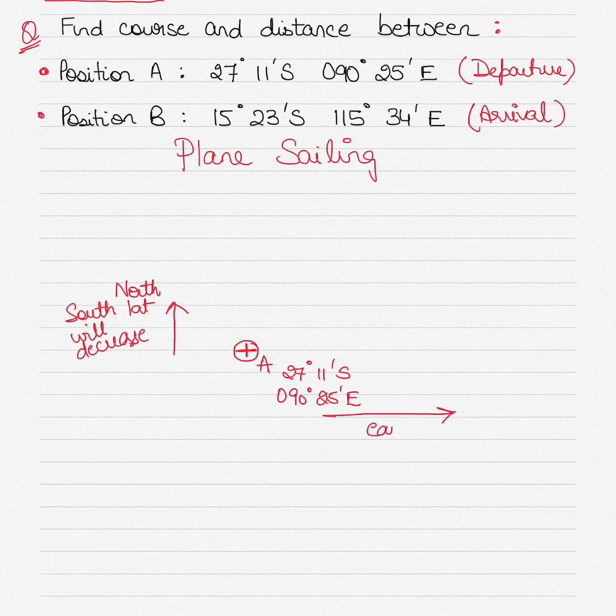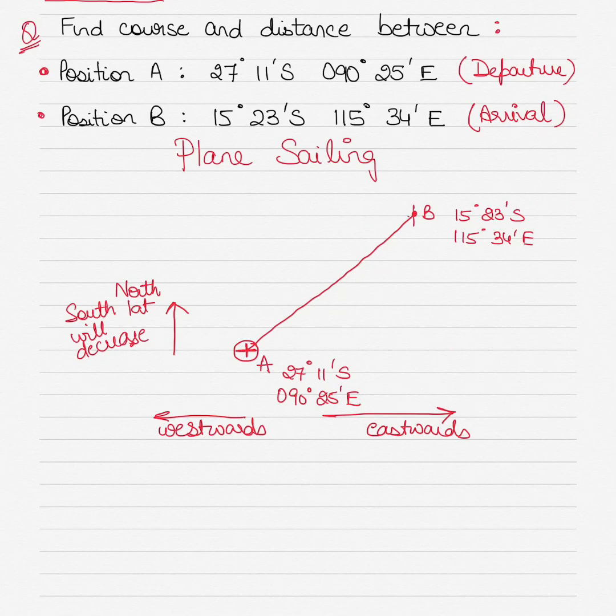If you go westwards, the east longitude will decrease, correct? So now you know that you have to go north and you have to go east to reach your arrival position. So you will go north and east somewhere on this track here, and say this is position B. You have marked position B as 15 degrees 23 minutes south and 115 degrees 34 minutes east.